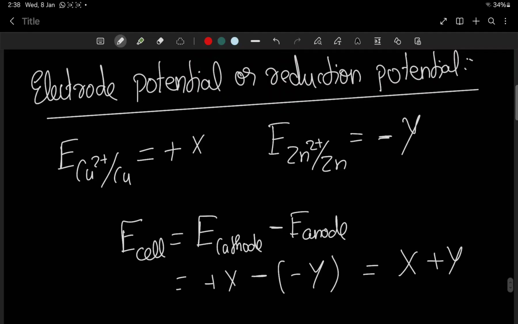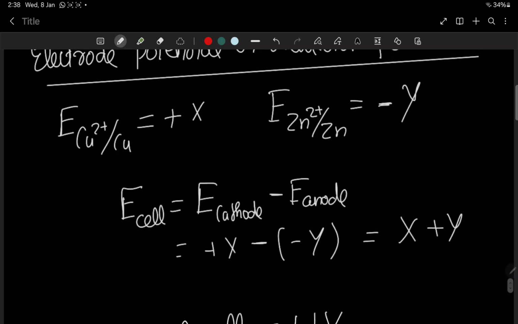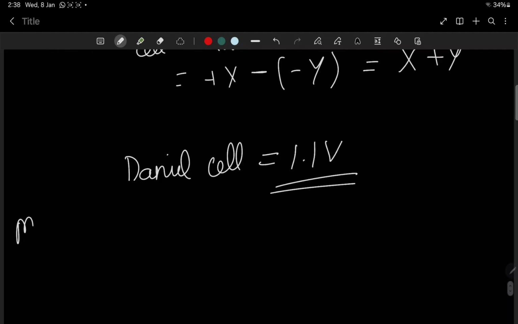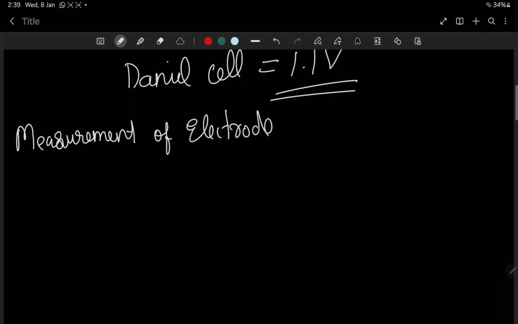Electrode potential means it is usually the reduction potential, everything. Now how to measure? I told you that this is x, this is y. How did they find out this is x and this is y? That is the measurement of this electrode potential.